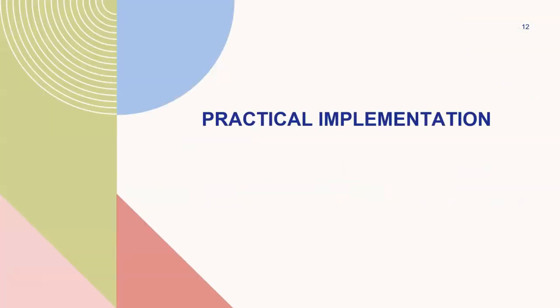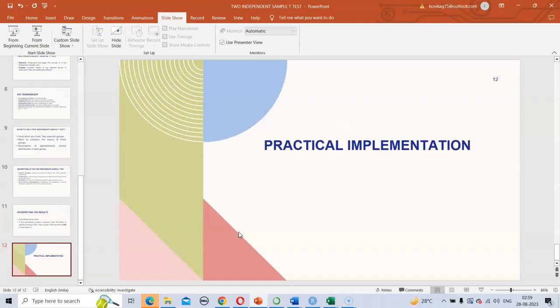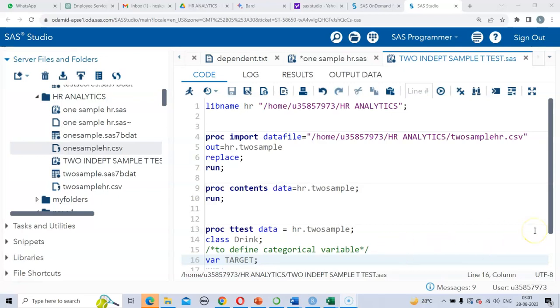Now let's move to the practical portion of two-independent sample t-test, that is, how do you practically implement two-independent sample t-test using SAS. Now we are going to implement it. We are provided with the data of a soft drink manufacturing company, where the company is manufacturing two types of soft drink.